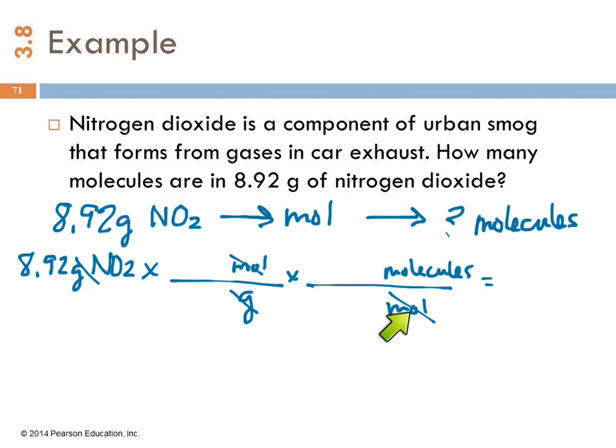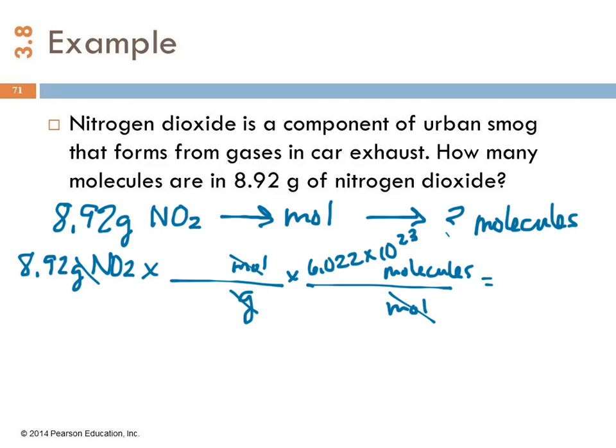Number of molecules in a mole, that's Avogadro's number, 6.022 times 10 to the 23rd. That's always the same. But the relationship between moles and grams is the molar mass of the compound, and that's different for every compound. So calculating molar masses needs to become very, very straightforward and easy for you. You just need a calculator, a periodic table, and the formula.